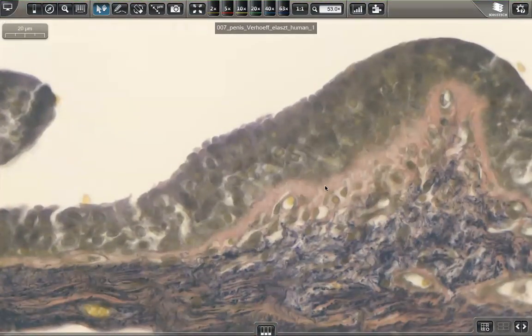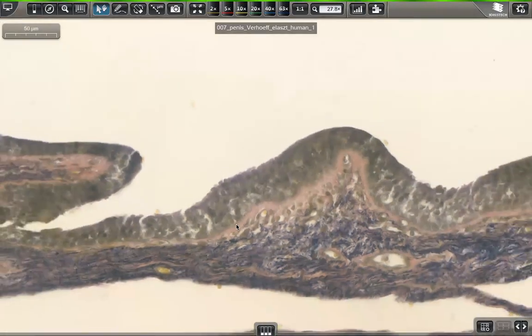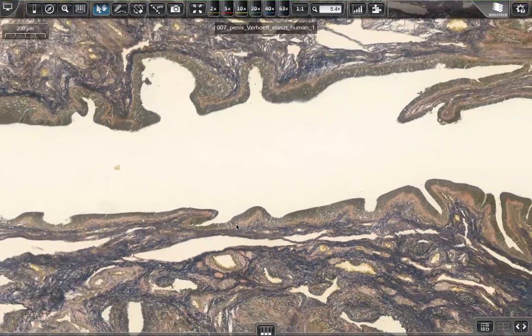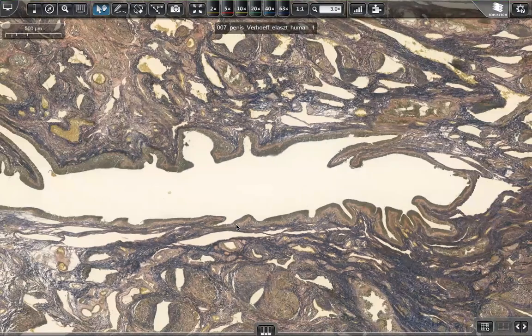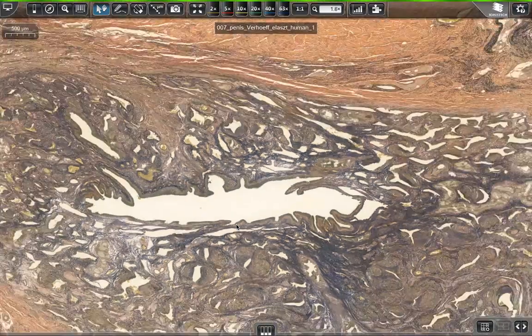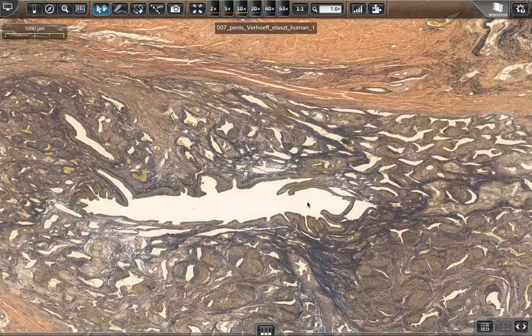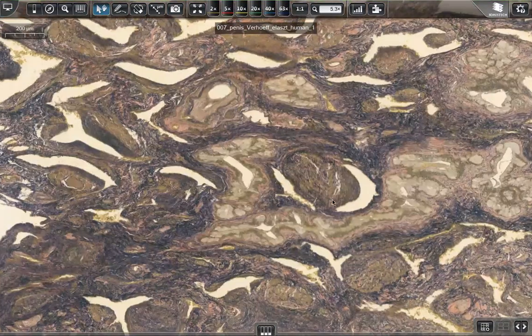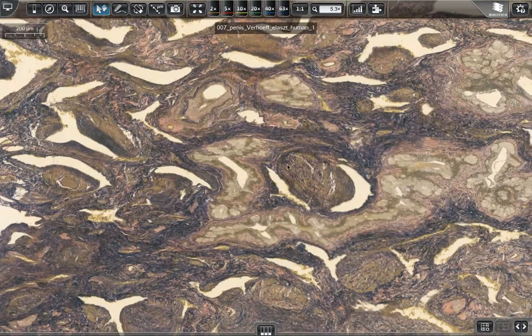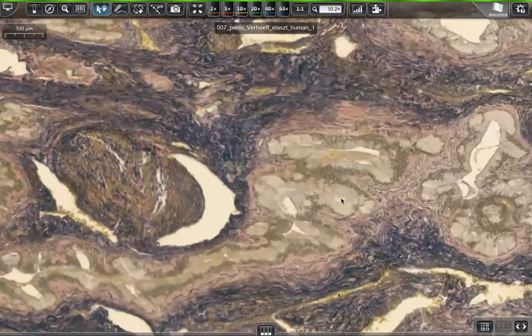Here we can see the basement membrane. And related to the spongy urethra, we have some glands. Oh, look at that. What a big Ebner's cushion here. No, it's not that bad because this area represents these glands.